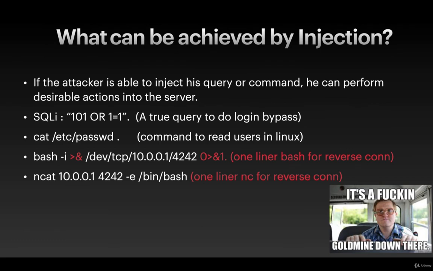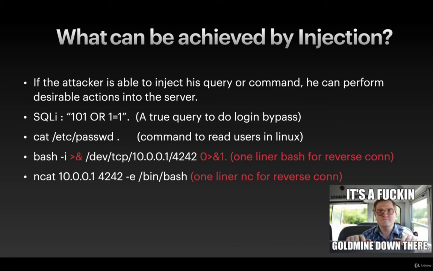What can be achieved by injection is the second question. If an attacker is able to inject his query or command, he can perform a lot of desirable actions on the server. For example, a SQL injection authentication bypass query, as can be seen, is 1' or '1'='1, which makes the condition true, and this can perform a login bypass on many applications.